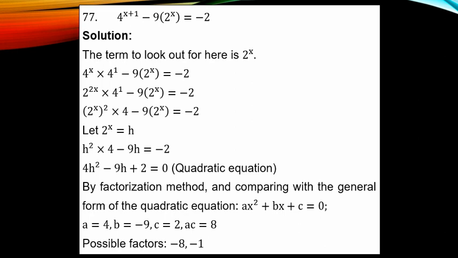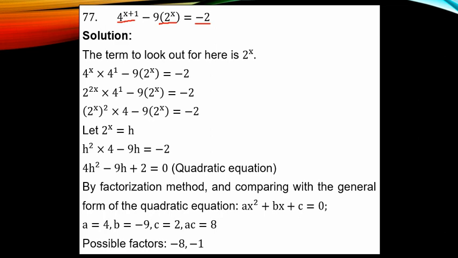Okay, looking at this equation carefully, we have 2 power s here. 2 power s can also be obtained from here, but we cannot get it from here. That means you cannot divide through by 2 power s. So let's try and get 2 power s from the first term.